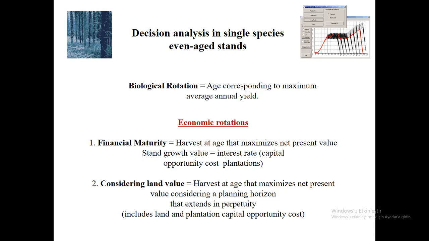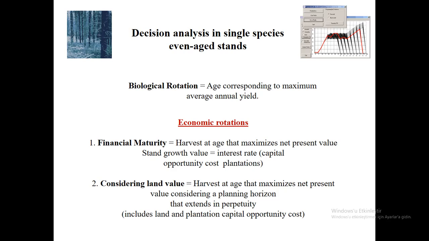Remember that we were able to do exercises, so we were able to find out the appropriate rotation period where it maximizes the net present value. So the age that maximizes the net present value is called the rotation period with the financial maturity, okay?